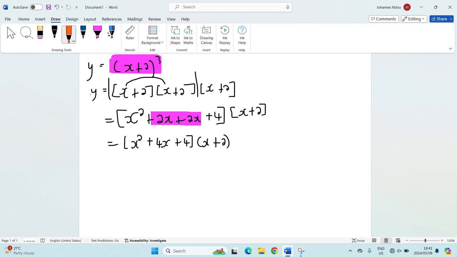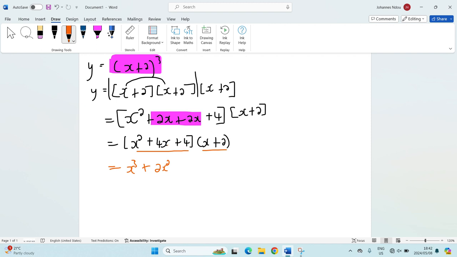Now I'm going to check the product again. I'm going to multiply everything in this bracket by every term in the other bracket. First of all, I'll start with x squared times x, which will be x cubed. Next, x squared times 2 is 2x squared. So I multiplied the x squared to each term in this bracket.